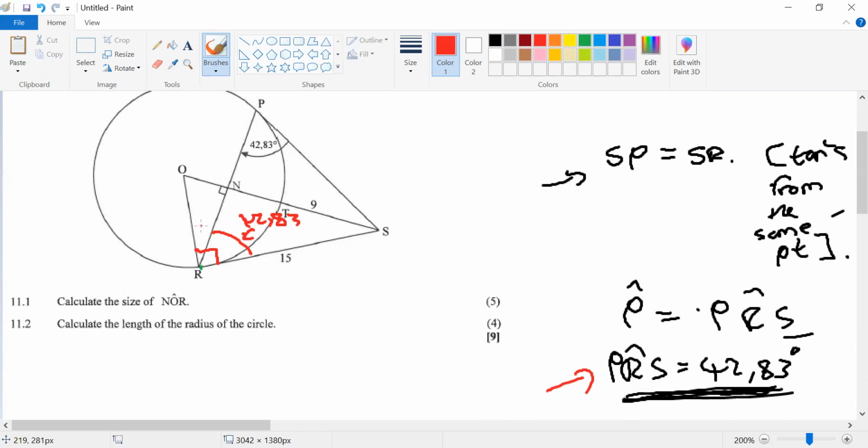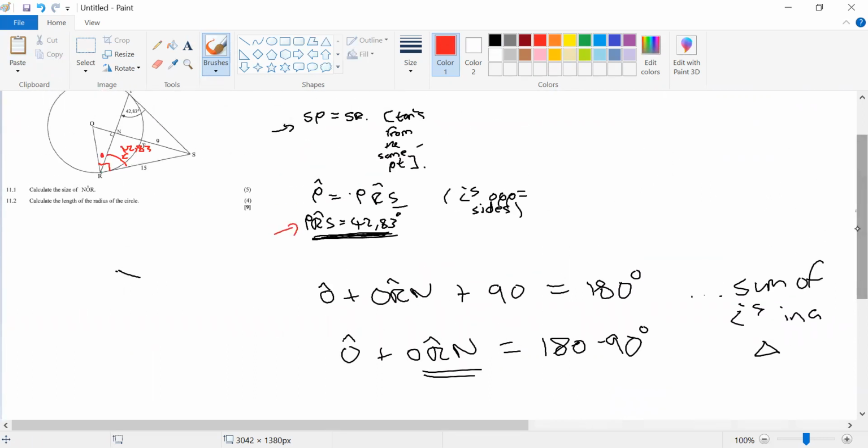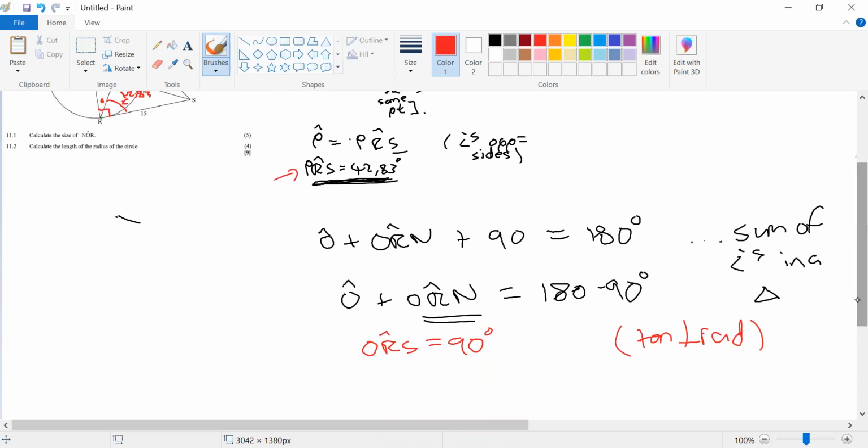So all we would need to do to calculate the portion that's within this triangle is to say that because the angle ORS is equal to 90 degrees, because tangents are perpendicular to the radius, I can now safely say that angle ORS is basically the sum of angle PRS plus angle ORN.